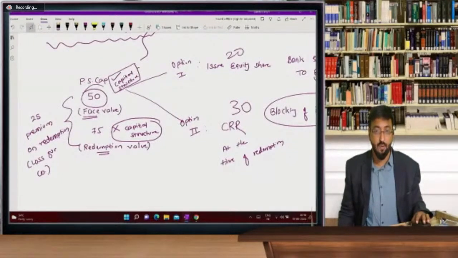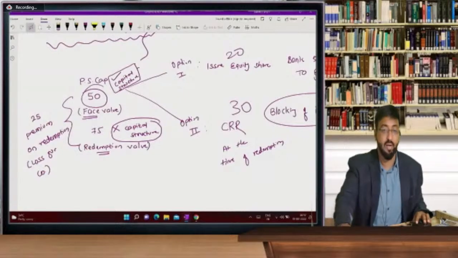Chalo, write down fast. Over 3. Now you have to write over 3. After drawing this diagram, write down over 3.